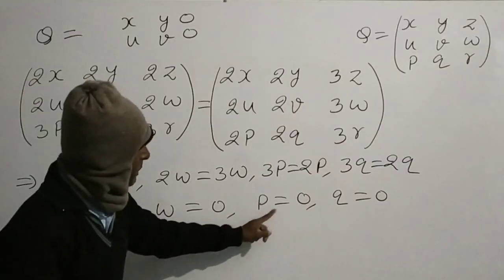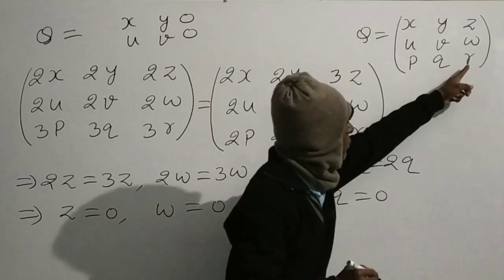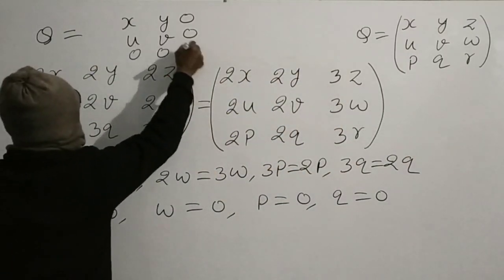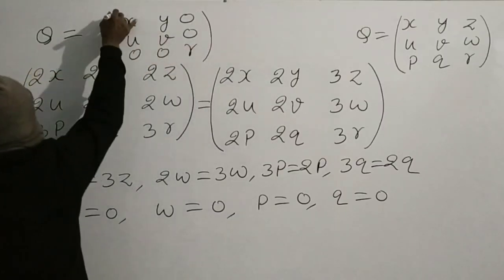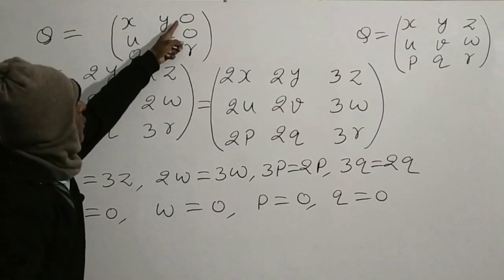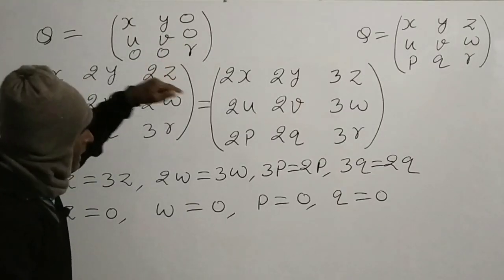And 0, 0, r. Matrix Q will be like this because the elements at these positions will be 0.